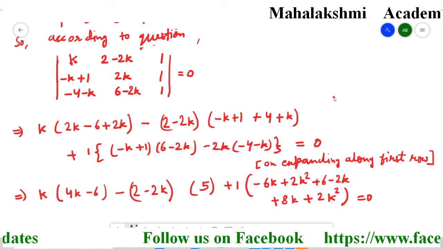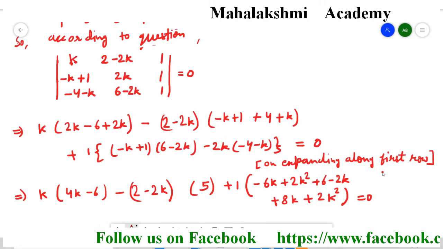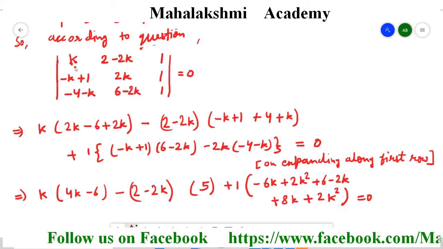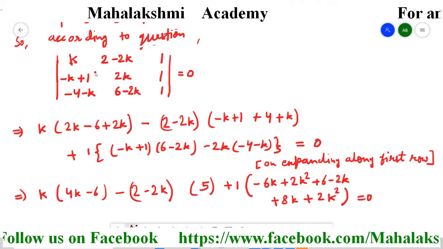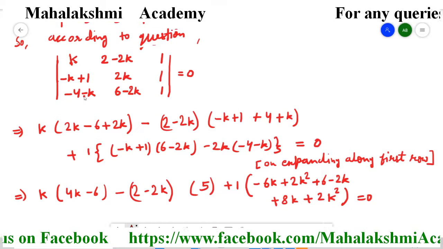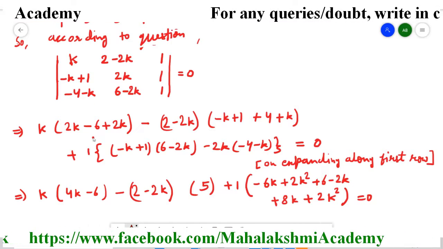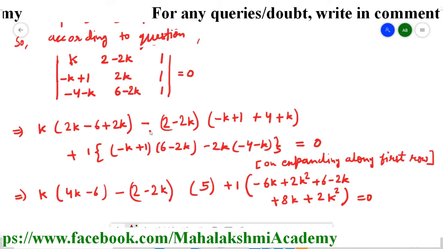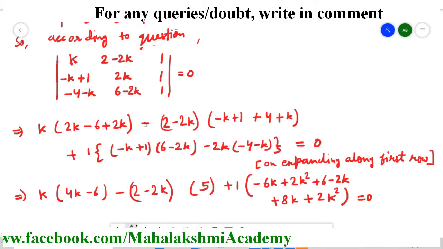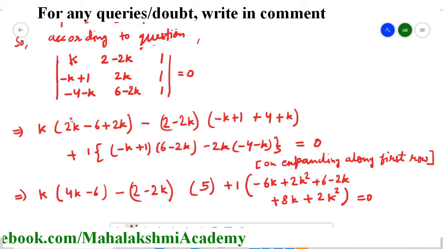It's very necessary to mention it, because then only the examiner will come to know that we had opened it along the first row, because we are allowed to open along any row or column. Whatever we prefer, we can open along that. So I just preferred here along the first row. So it's necessary to mention here.